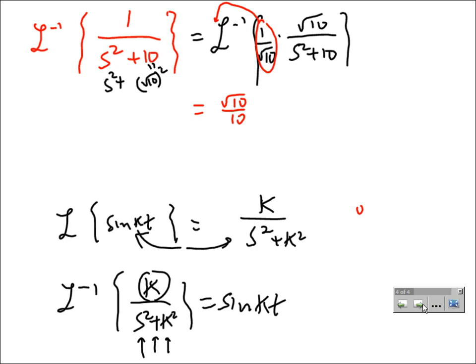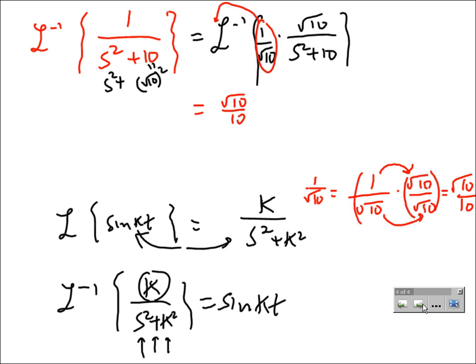And after all, if you have 1 over square root of 10 and you multiply by 1, and I choose that representative of 1, square root of 10 over square root of 10, then 1 times that number is that number, and square root of 10 times square root of 10 is 10. 1 over square root of 10 is certainly equal to itself times 1. Never be afraid to multiply by 1.